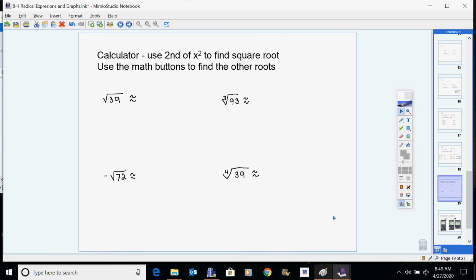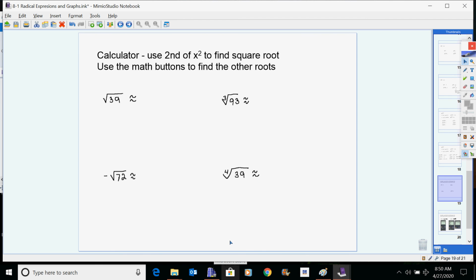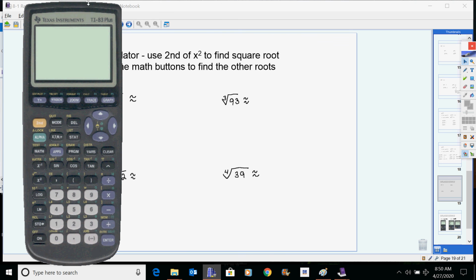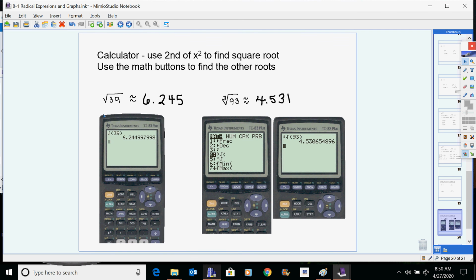Now calculator. Many of you already know how to do at least the square roots. The cube root and the fourth root might be something new to you. We actually can use fractional exponents too, but that's for a different day. I actually have the screens already here for you.